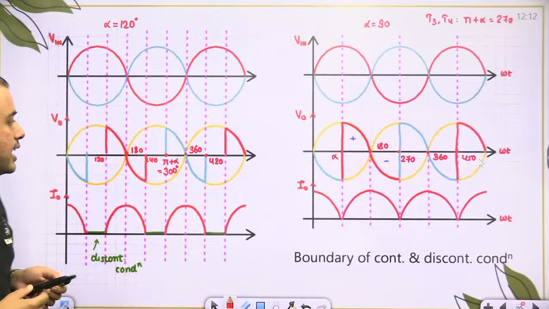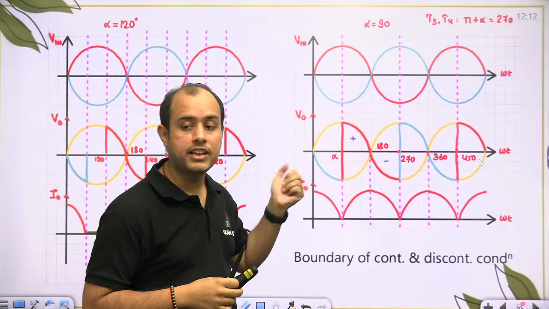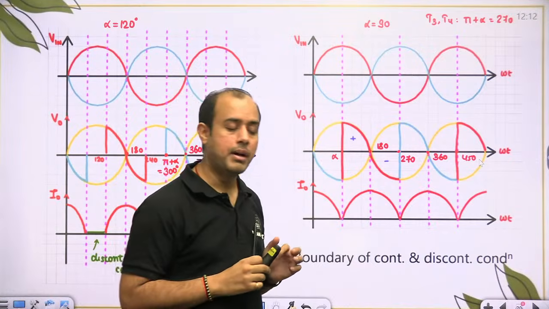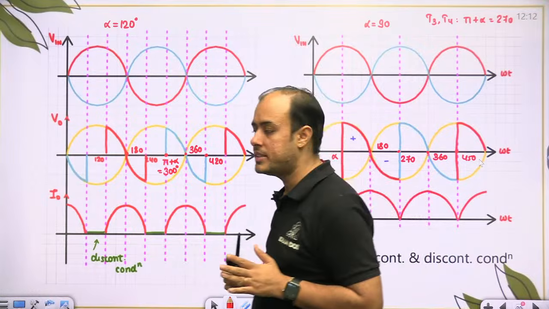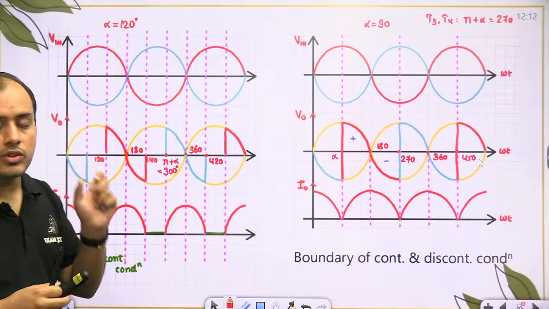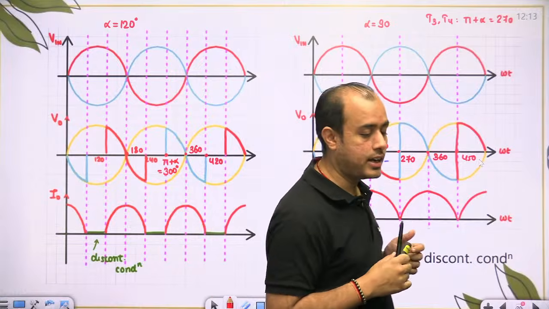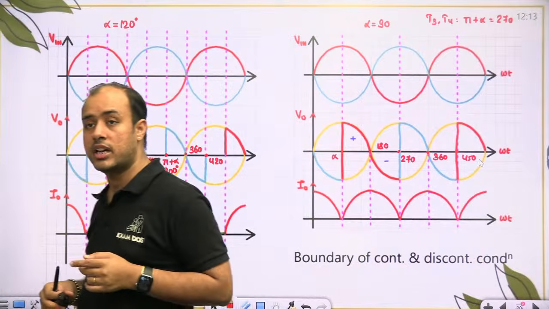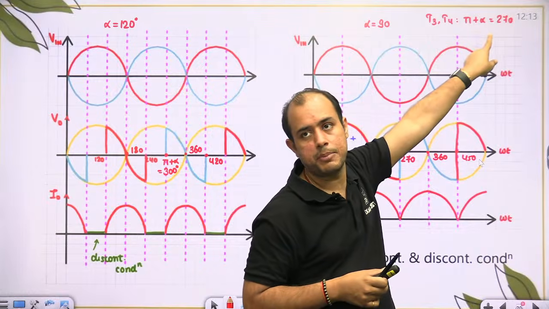Alpha less than 90 में क्या होगा बेटा, ये पॉजिटिव वाला जो एरिया है ना ये ज्यादा होगा, नेगेटिव वाला कम होगा। जैसे मान लीजिए you took alpha equal to 60, तो from 60 to 180 there will be charging for 120 degree. Now you expect that for next 120 there should be discharging. आप कह रहे हो 60 से 180 तक चार्ज हुआ, 120 तो 300 तक डिस्चार्ज होना चाहिए। Now what is the starting angle of T3 T4? 180 plus alpha.